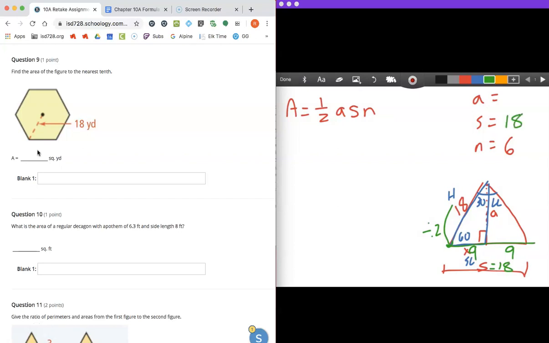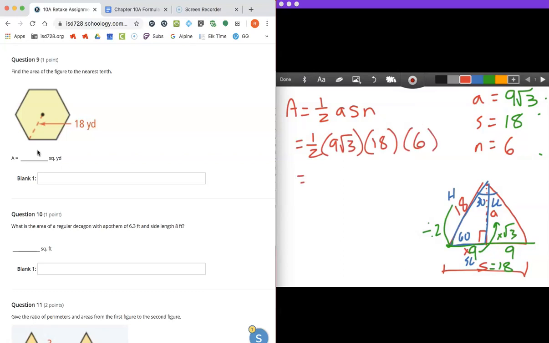A is then the short leg times square root of 3, so A is 9 times square root of 3. Since I have all three pieces of information, I'm ready to solve the problem. So I have 1/2 times 9 square root of 3 times 18 times 6.